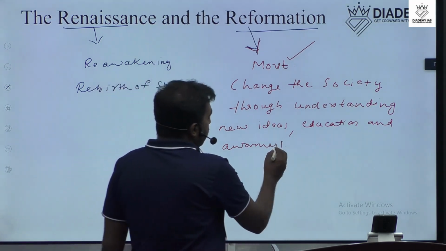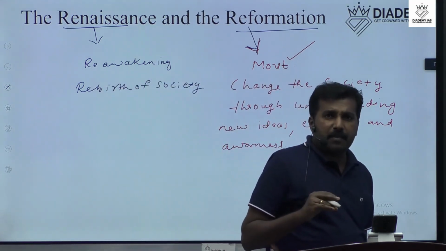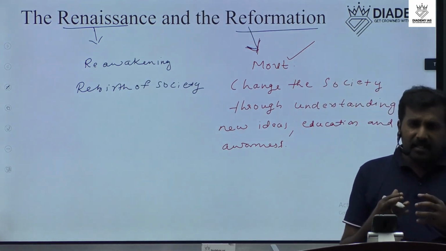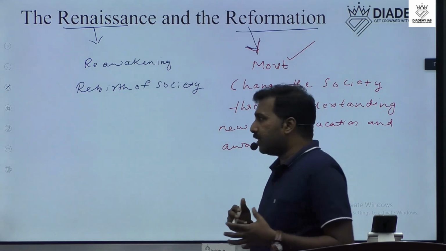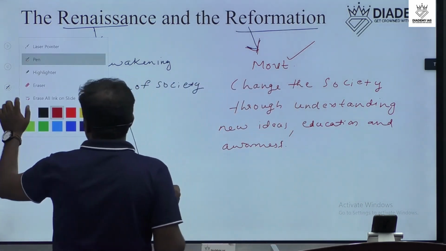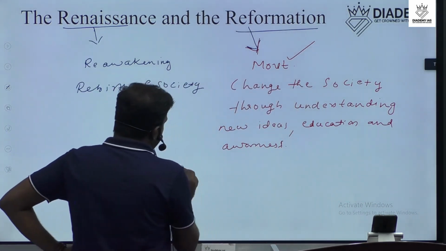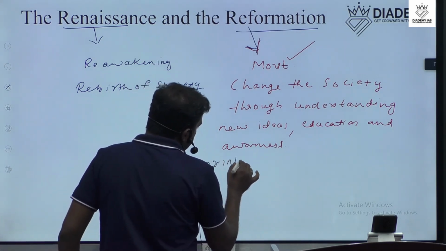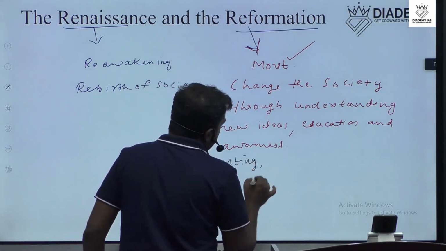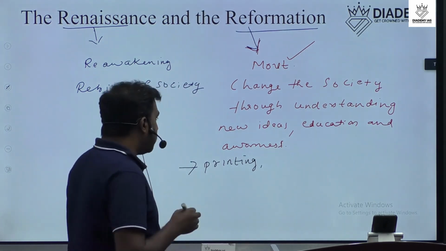And what is the main thing that influenced the Reformation? Mainly it is printing. We know the influence of the invention of printing. Printing was an important reason.